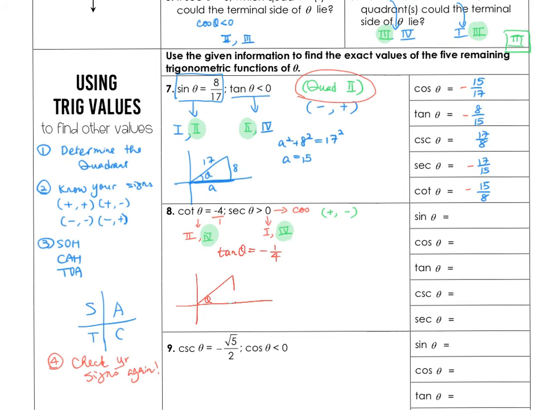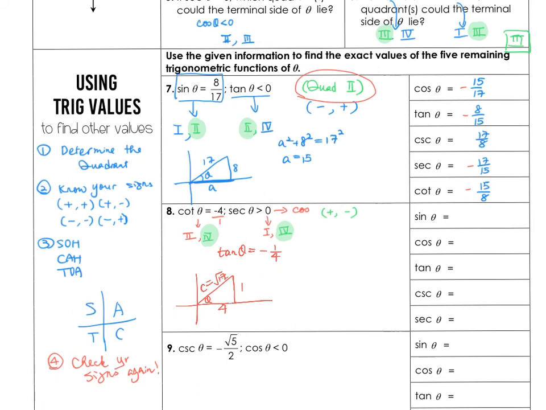Actually, we can pretend that it's in first quadrant. It's always easier to calculate it. Theta is opposite over adjacent, which is 4. Okay, now I can do my c equals square root of 17.